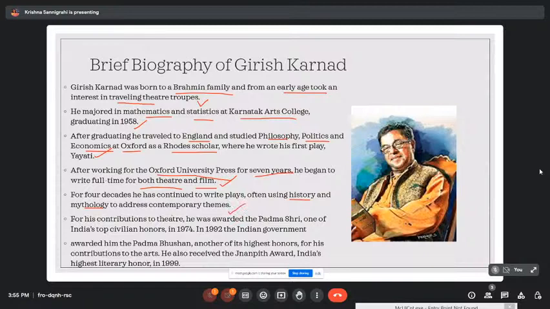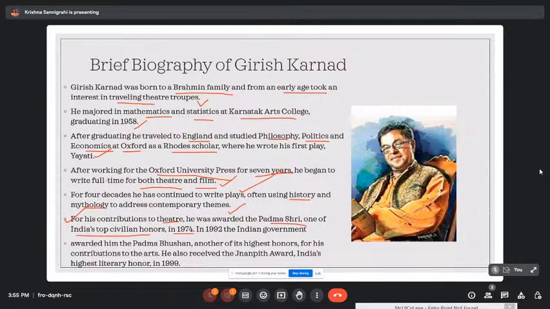For his contributions to theatre, he was awarded the Padma Shri, one of India's top civilian honors, in 1974.